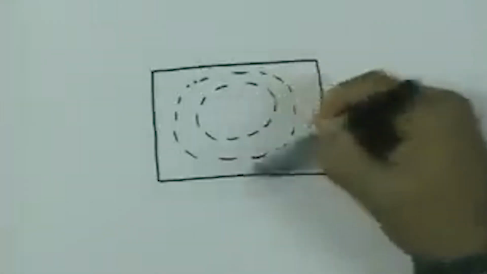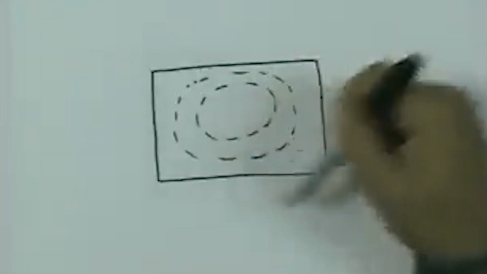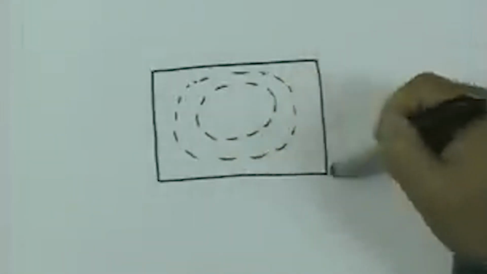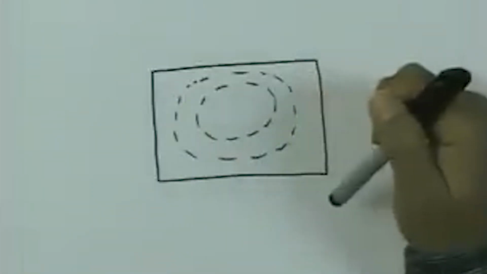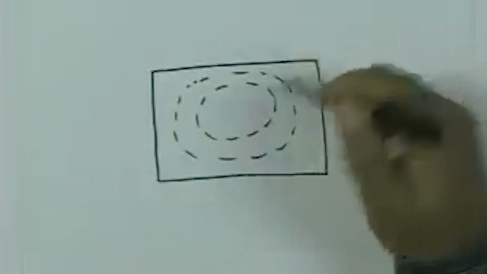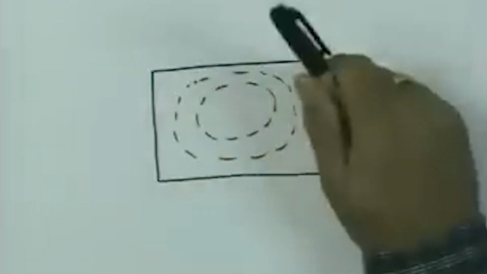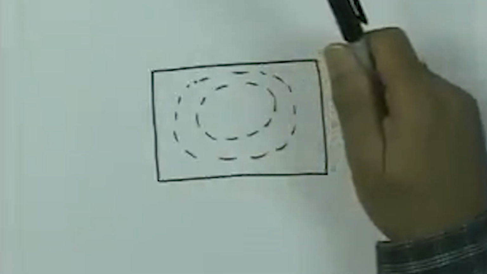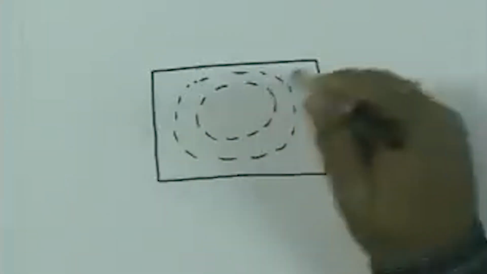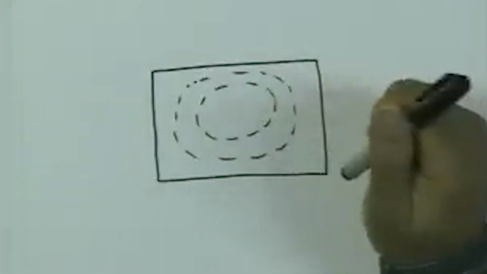Since we do not have any conducting medium inside this waveguide, this waveguide is completely hollow, filled by pure dielectric, there is no possibility of conduction current enclosed by these magnetic field lines. So that means the conduction current is 0 inside the rectangular waveguide.